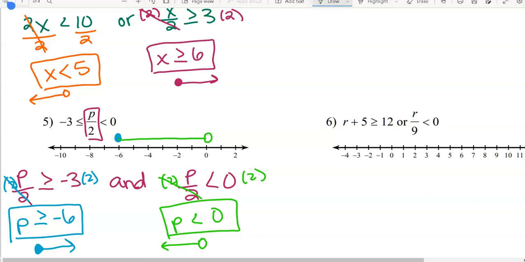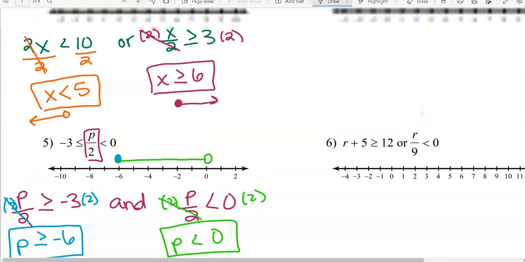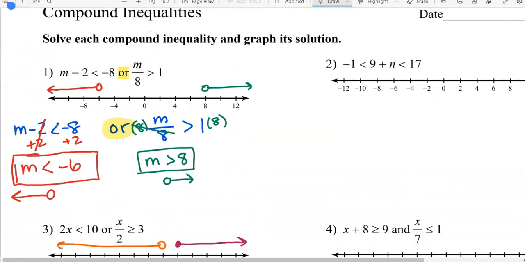When the variable is first, that's when we can use our symbols to show me which way we're going. Yeah? Okay. So if you're kind of doing both at the same time, number 5 can now help you with number 2.